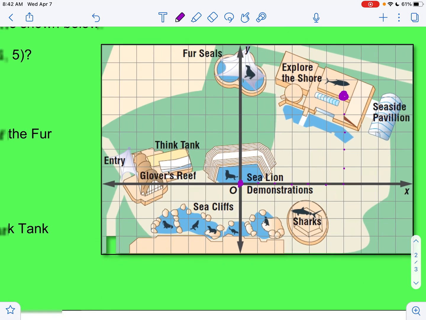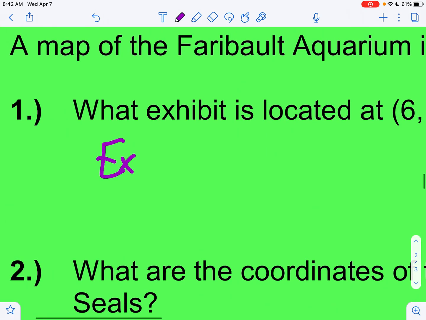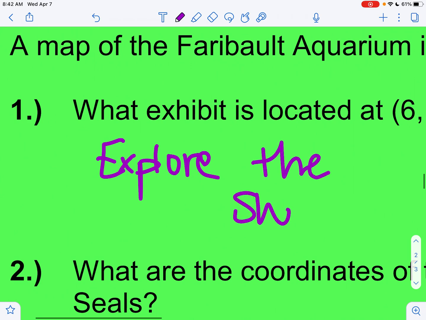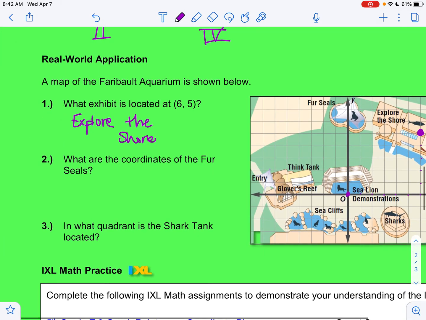So there is our point at 6, 5. What exhibit is there? Right, we're at Explore the Shore. Fabulous.